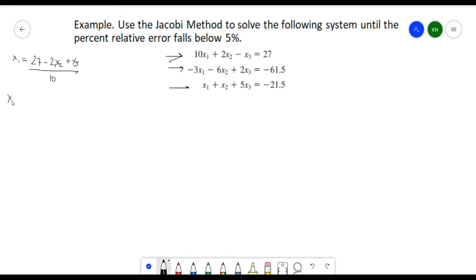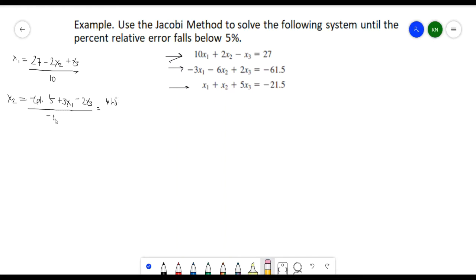Now, we also need to find our x sub 2 formula, which is this one. We have negative 61.5, plus 3x sub 1, and minus 2x sub 3. The coefficient of our x sub 2 is negative 6, so we also have to divide by negative 6. That gives us 61.5 plus 3x sub 1, that should be plus, and this should be minus.